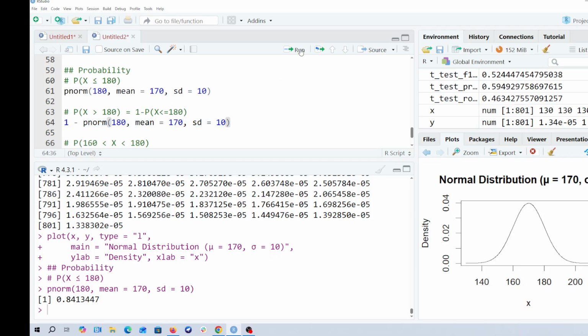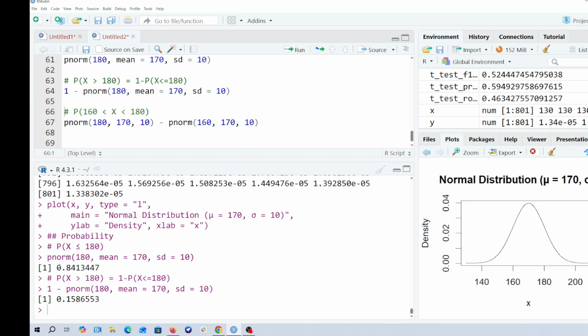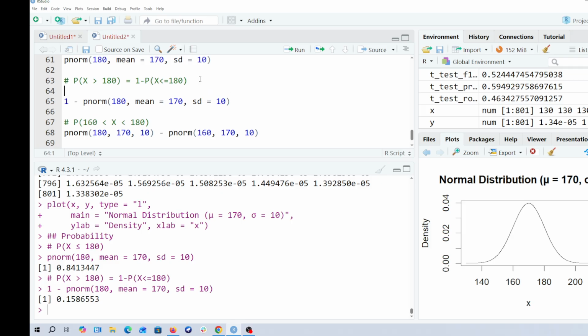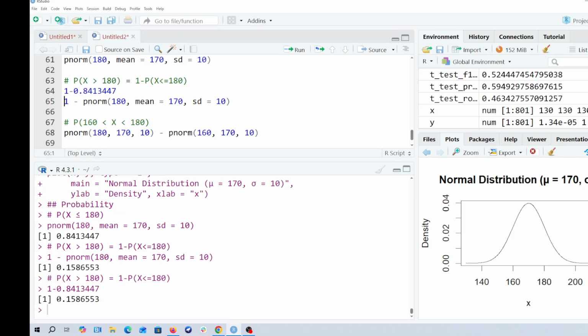So if I run this, meaning that instead of going through this, I can just compute 1 minus this probability that I had, which is this value. If I just copy this and paste it up here, you are going to have the same thing. If I paste this here and run it, you see that we are having 0.15, which is the same as this. So it's something you can do that way.